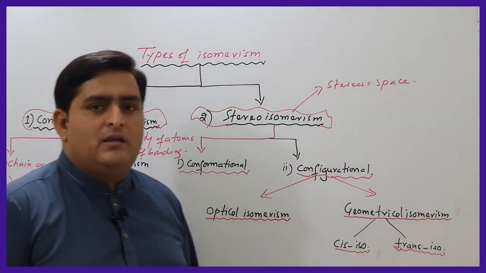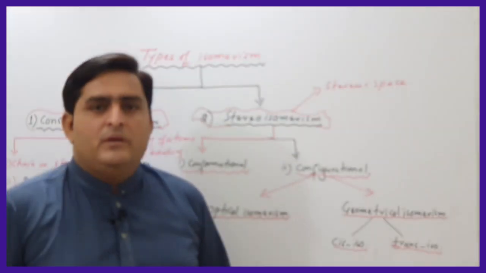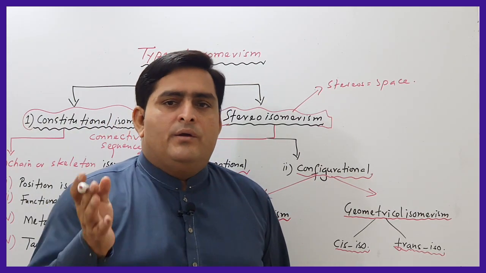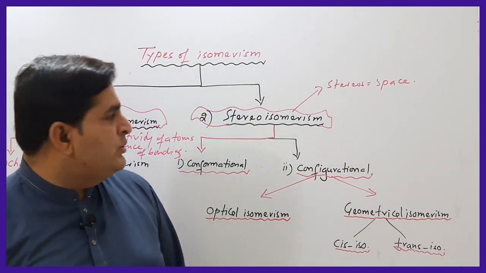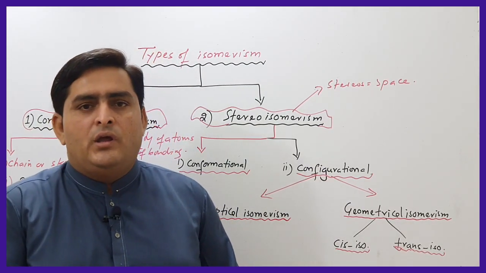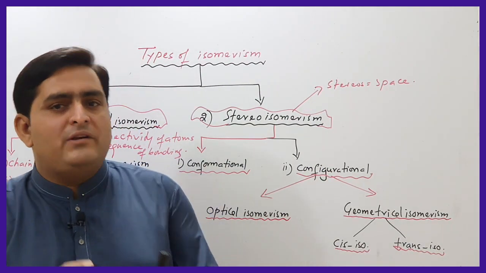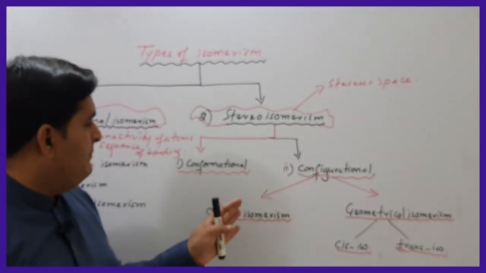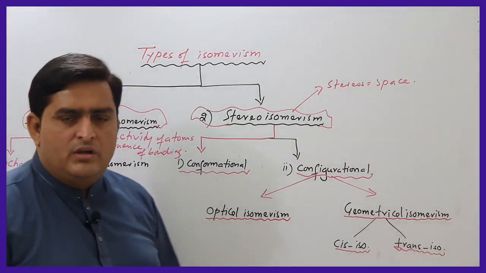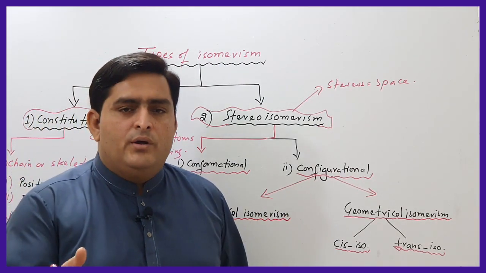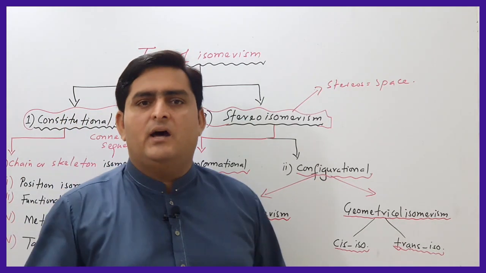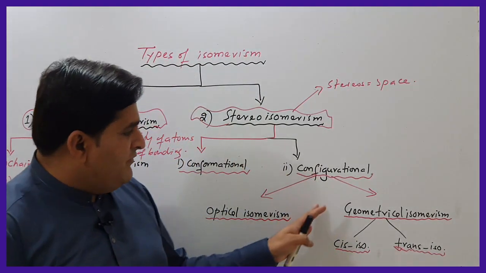The issue is that these isomers have the same molecular formula, but different properties due to different arrangements of atoms or groups in space. They differ in properties such as optical isomerism, the rotation of plane polarized light towards the right side or towards the left side.